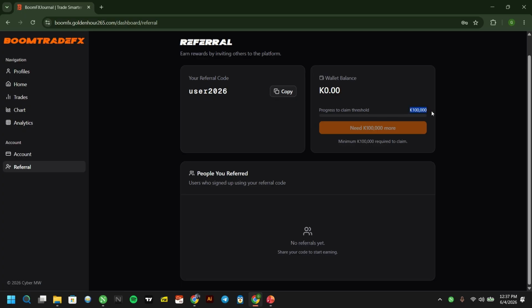Once you reach 100k, you'll be able to claim and withdraw that money. The button will change to claim. Once you claim, the admin will be notified. The admin will perform the transaction for you and you receive a notification that the transaction has been completed. You receive the money using the phone number that you inputted during sign up.